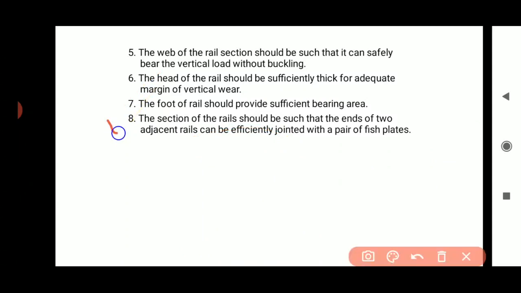The next point is the section of the rails should be such that the ends of two adjacent rails can be efficiently jointed with a pair of fish plates.